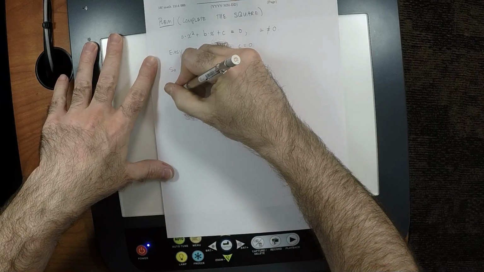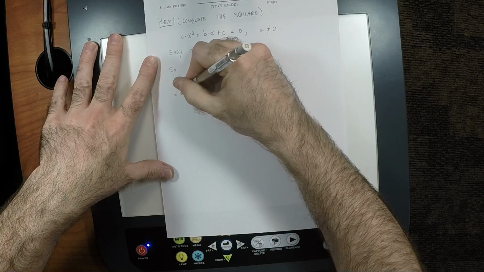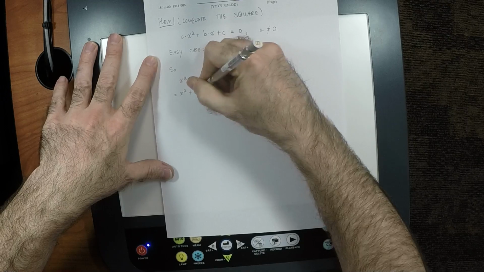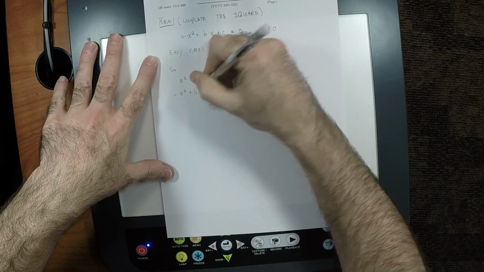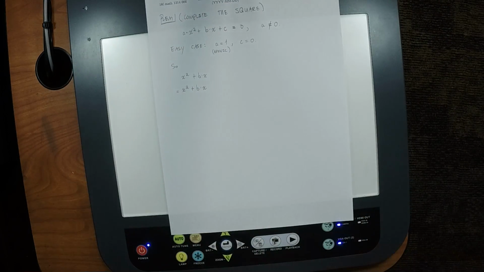So if we wanted to complete the square for this, then we say that this is equal to x squared plus bx, and then we need to add and subtract the same amount. So what do we need to add and subtract?